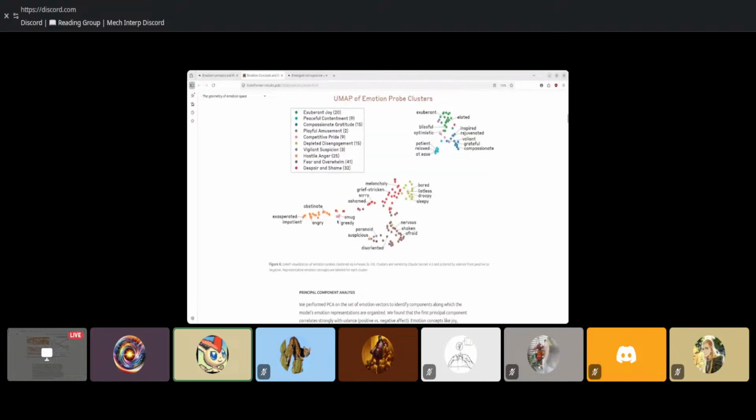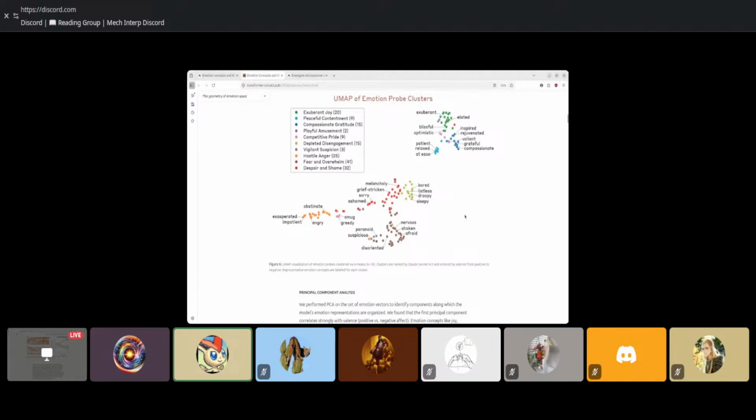Oh, I guess this is also a nicer way of seeing it. So there is exuberant, elated, blissful, optimistic in this cluster, and there is inspired, rejuvenated, valiant, grateful, compassionate, gratitude, peaceful contentment. On this map of emotions, there might not be that many in practice.